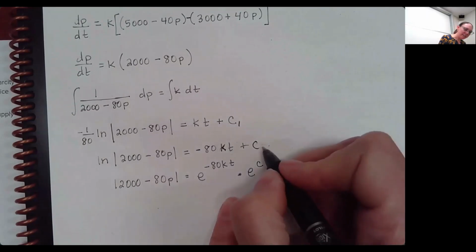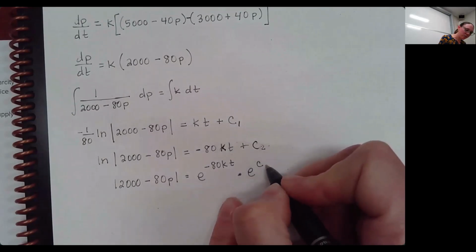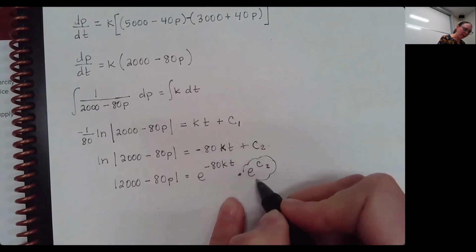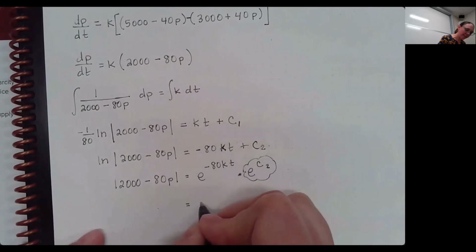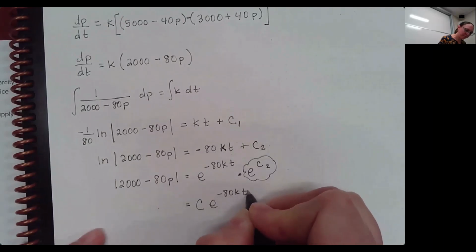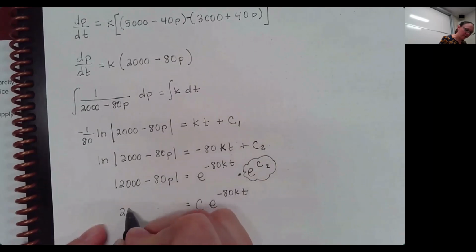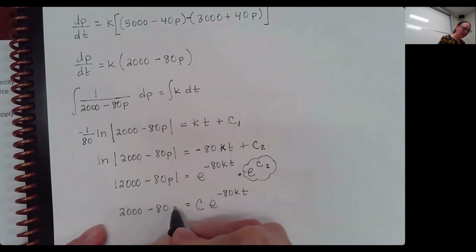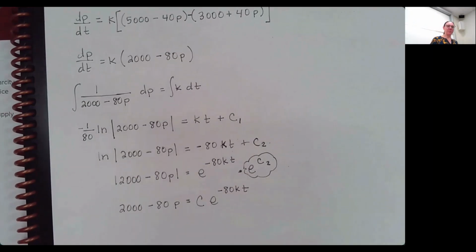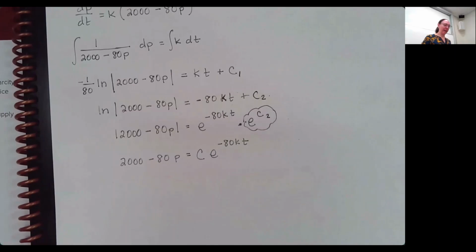And then I'm going to give this a subscript of C2 because I'm going to call this whole thing a new constant. And I'll have 2000 minus 80p. And that lets me drop the absolute value because that constant is going to suck up whether it needs to be positive or negative.